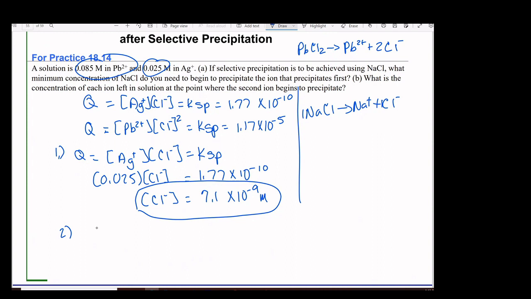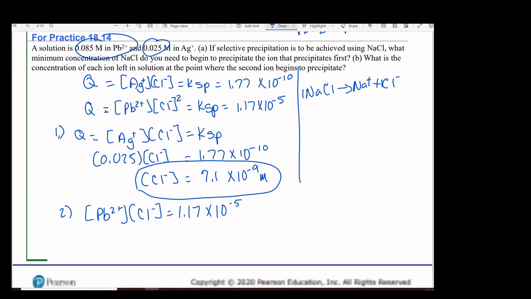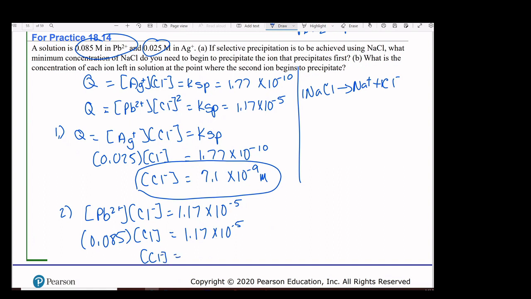So when our Q is equal to KSP, we've got lead times chloride is equal to 1.17 times 10 to the minus 5th. Okay, so that's going to be equal to 0.085 molar times chloride equals 1.17 times 10 to the minus 5th. So the chloride concentration when lead begins to precipitate is going to be equal to 1.12 times 10 to the minus 2nd.